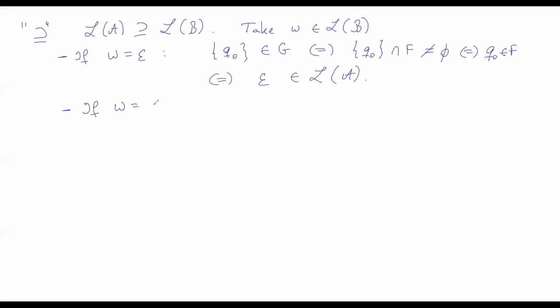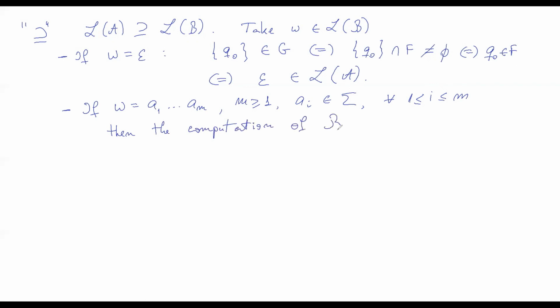If I have a longer word, let's say w = a1 through am, with m greater than or equal to 1, and all of these letters from sigma, then the computation of automaton B on w is obviously accepting. So please note I'm saying the computation because this is a deterministic automaton, so there is only one, and it's accepting.